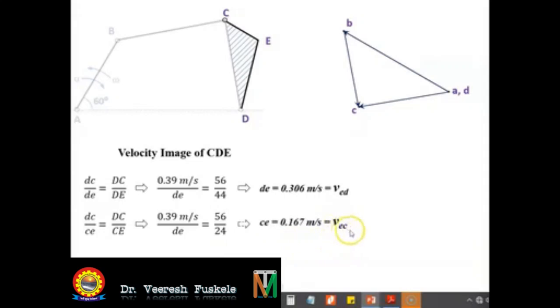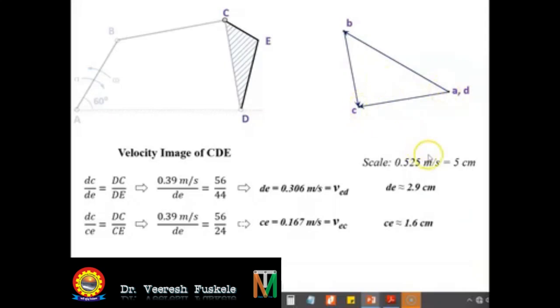This is the velocity of E relative to C. By using the scale which we have taken earlier, we'll convert this velocity in meter per second to linear dimension in centimeter, like this. So using the scale, we'll get DE as 2.9 centimeter and CE as 1.6 centimeter.